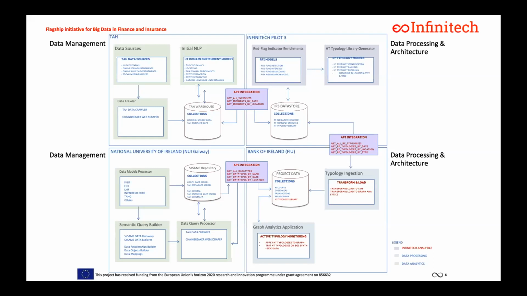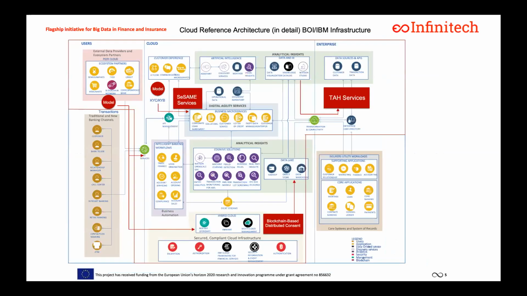Because all of them will now follow the common data models that we have and the technology in the semantic engine, that will provide an enhanced version of these APIs. The intention is that the analytics and AI-based solutions will consume these APIs by consulting the data model, the Infinitech core and Infinitech data models. In this way, all the transparency and all the functionalities will be accessible and provided.